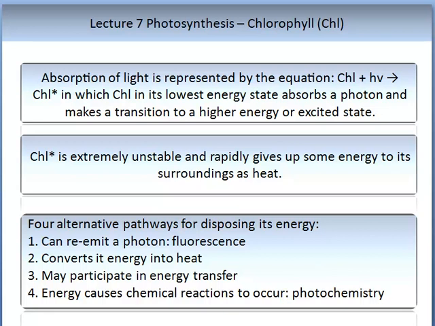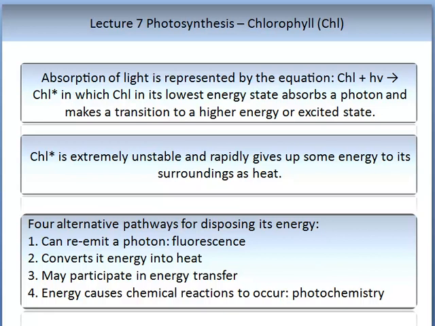Chlorophyll absorbs light and then it goes into a higher energy state. When it's in this higher energy state, often referred to as the excited state, it is extremely unstable, and it is this characteristic which allows the chlorophyll to give up the energy so readily to its surroundings as heat. There are 4 alternative pathways for disposing of its energy.